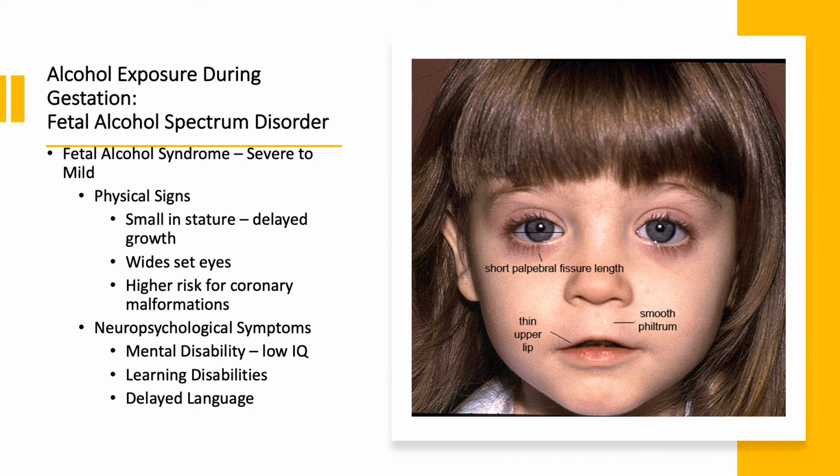And if they were to drink a lot on a couple of occasions in very early pregnancy, then they could wind up exposing the fetus to high doses of alcohol.